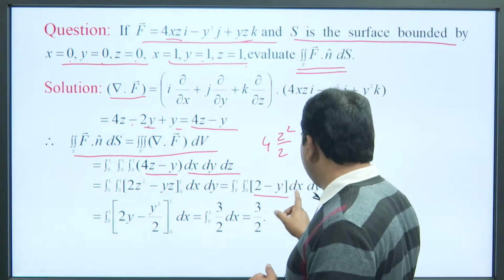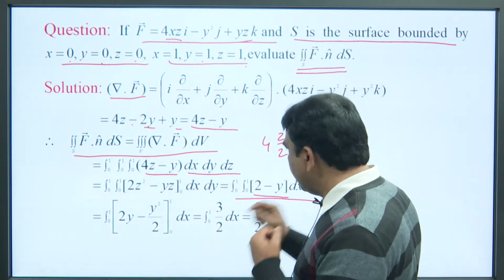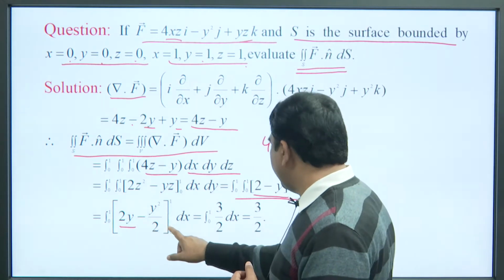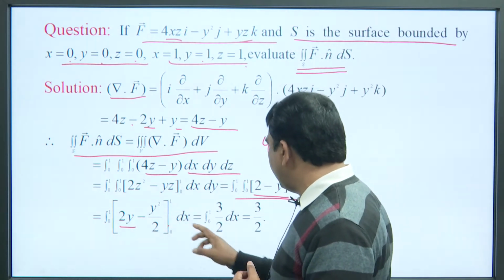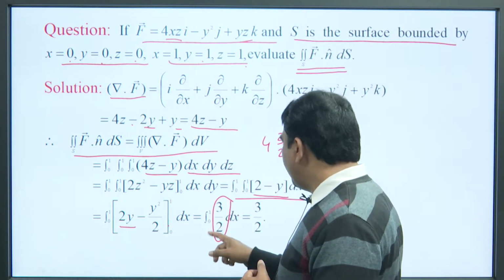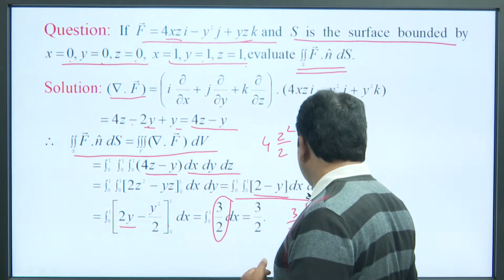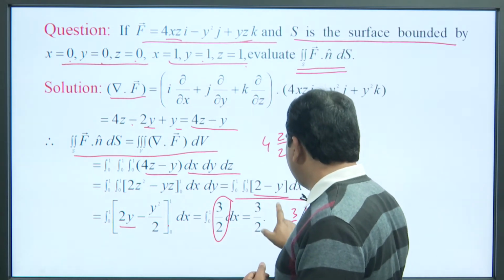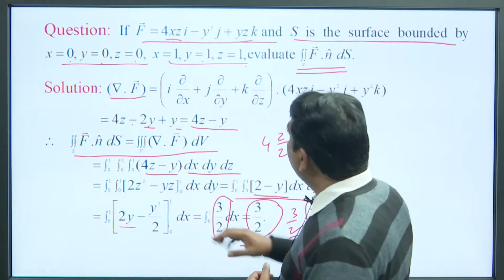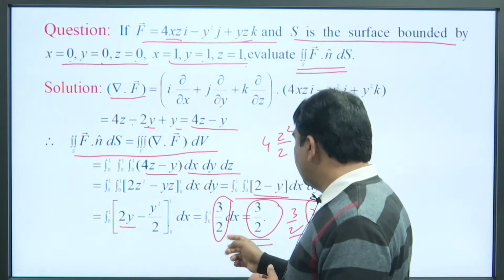So 2 minus y dx dy. Again, integrating with respect to y, its value becomes 2 y minus y square by 2. By taking the upper and lower limits, we get 3 by 2. Finally, integrating x from 0 to 1, the value becomes 3 by 2. So the value of this integral of f dot n ds is 3 by 2.